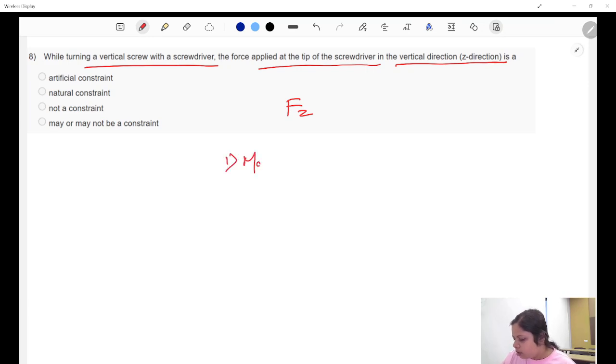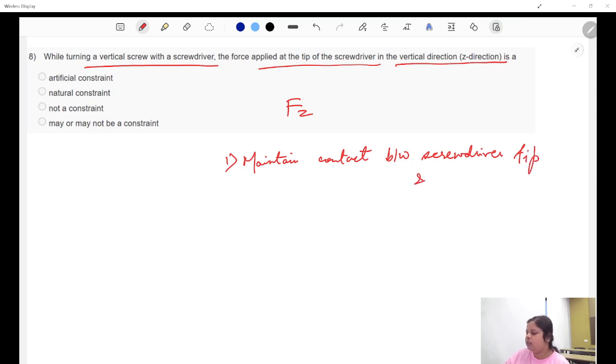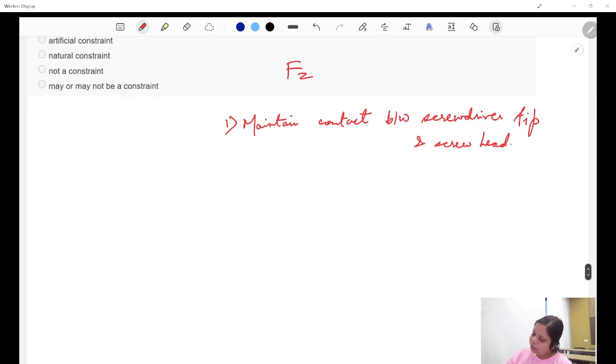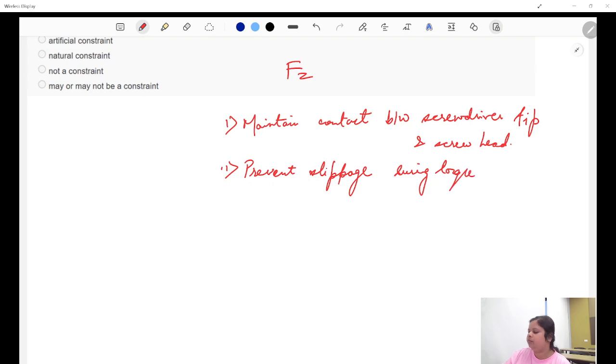Because we want to maintain contact between the screwdriver tip and the screw head, and we also want to prevent slippage during torque application.